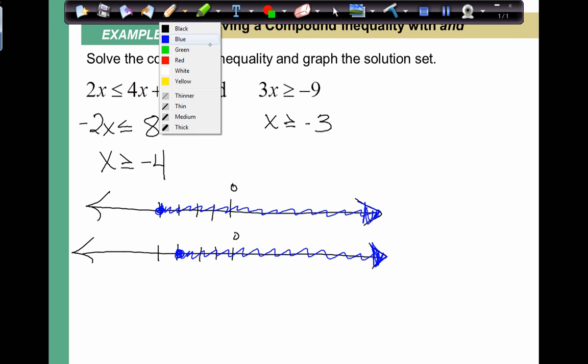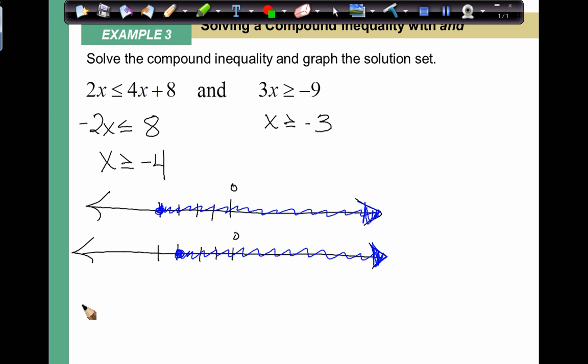And so our answer is going to be where they overlap. So as an answer, where they overlap is this part right here, from here on. Okay, over here they don't have this in common, but they do have all of this part in common. So our answer graph will look like this, shaded this way.